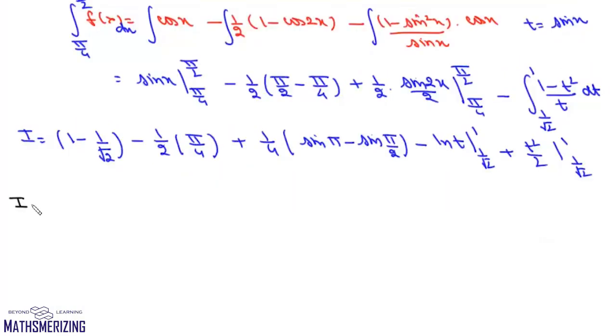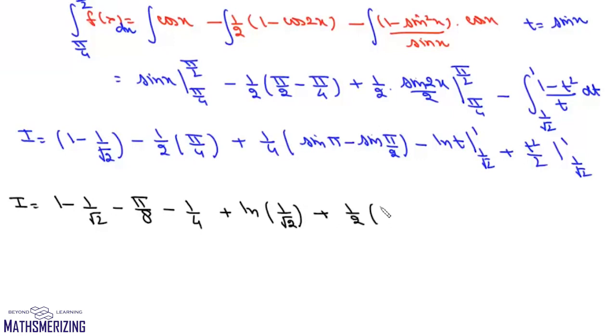So we can write this integral as 1 minus 1 by root 2 minus pi by 8. Now sin pi is 0 and sin pi by 2 is 1. So it will be minus 1 by 4. Now minus log 1 is 0 and minus minus plus. So it will be log 1 upon root 2, and then plus 1 by 2, 1 minus 1 by 2, which is 1 by 4.